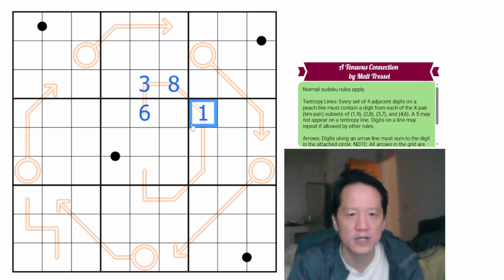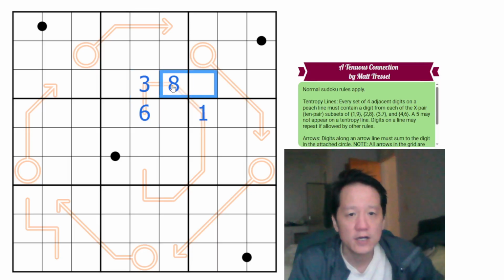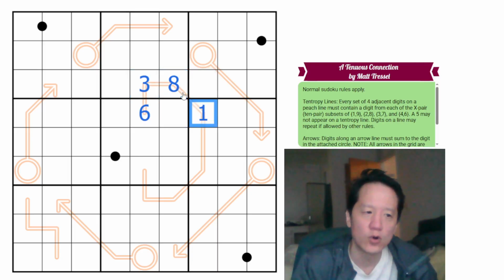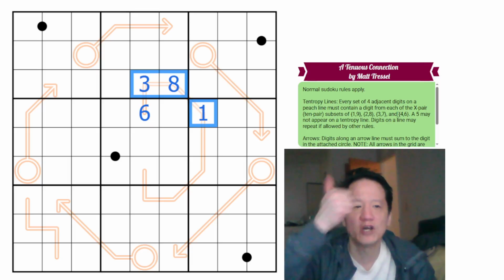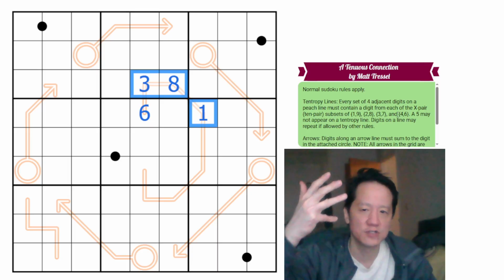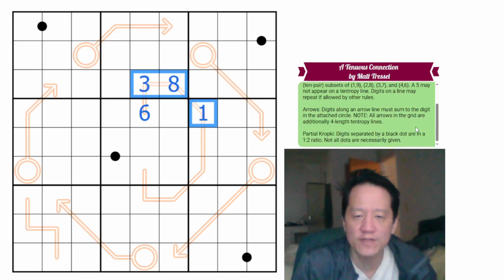Well, this is from 1, 9, this is from 2, 8, this is from 3, 7, and this is from 4, 6. Now, it doesn't have to be in a specific order. It just has to contain 4 different digits, 1 digit from each of the subsets, which is 1, 9, 2, 8, 3, 7, and 4, 6. All the sets that add up to 10. And again, 5 cannot be on a tentropy line.